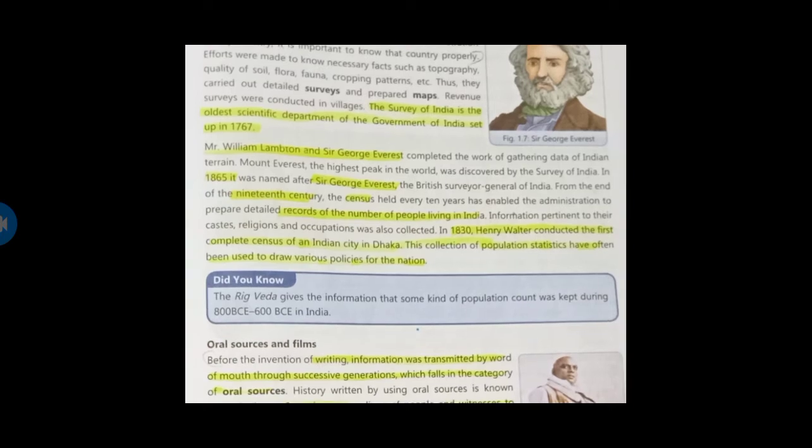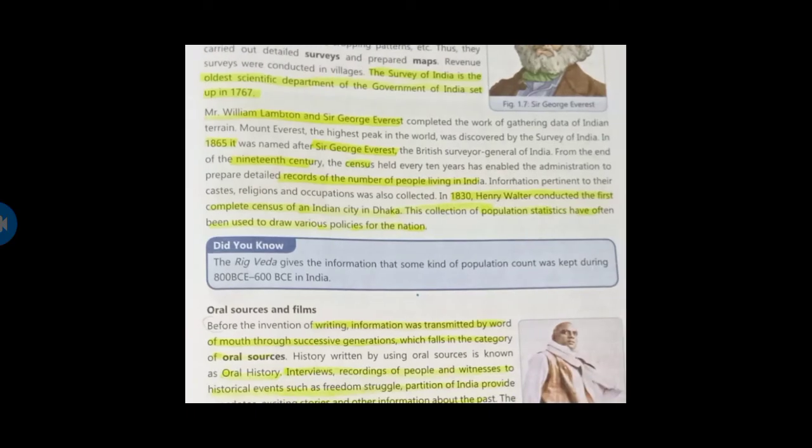Census is that meaning, I think. Because of that we can understand how many people are living today. It's also conducted after 10 years, I think, or 20, I don't know. In 1830, Henry Walter conducted the first complete census of an Indian city, Dhaka. This collection of population statistics has often been used to draw various policies for nations.